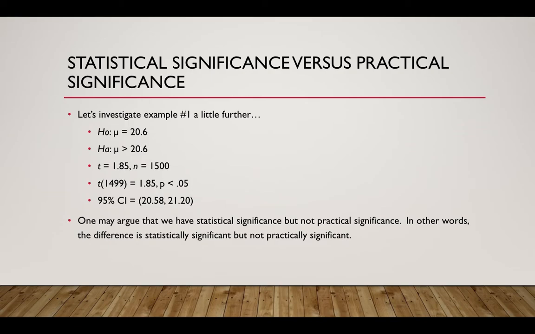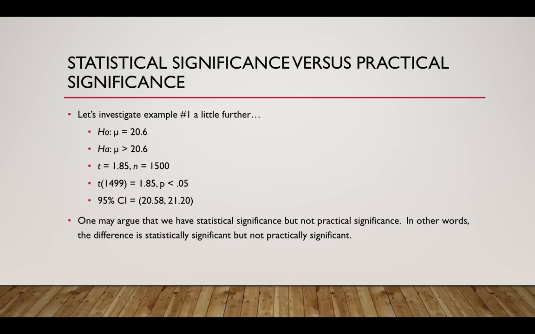Imagine that you were doing a weight loss study, and you claimed that this weight loss program is the greatest thing since sliced bread. So your null hypothesis may be H sub 0: mu equals 0. There's no effect. And then H sub A may be mu greater than 0, if you're measuring weight loss, and let's keep everything positive. So if someone weighs 200 pounds and they lose 5 pounds, then we'll just put their weight loss as a 5.